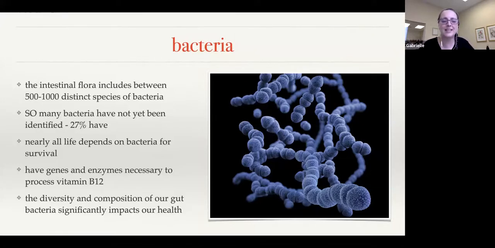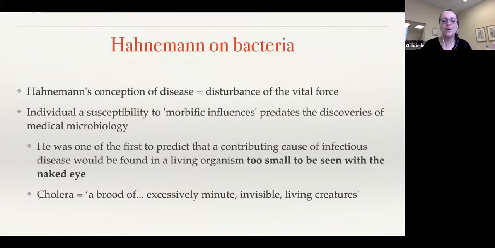One example is the fact that it helps break down or process vitamin B12, which is essential for life. And so the diversity and the composition of our gut is made up of all of these bacteria that play a beneficial role.